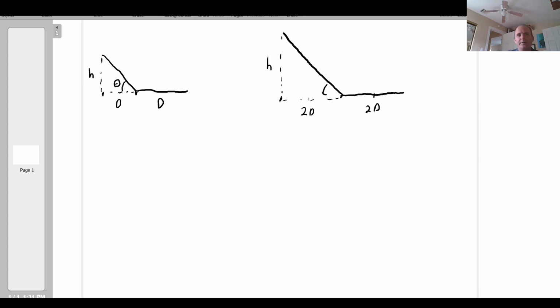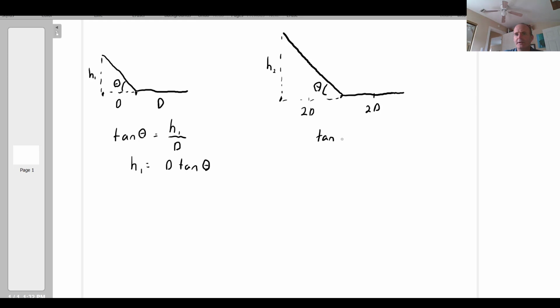What trig function are we going to use? Well, we have the opposite and the hypotenuse. We'll call these h1 and h2. So tangent of theta is equal to the opposite, h, over d. So h1 is equal to d tangent of theta. Over here, remember, this is the same theta.